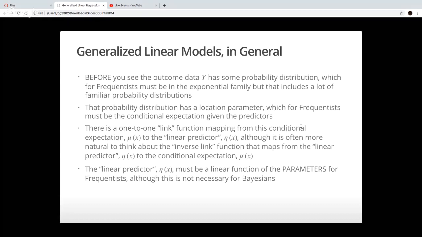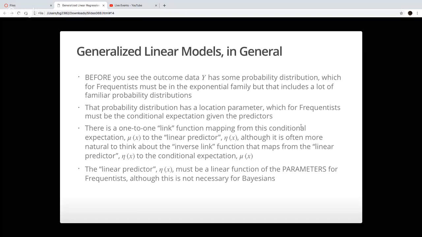Once you specify those, in addition to what the predictors are, then you have a likelihood function. If you're Bayesian, there are going to be priors, and you're going to draw from the posterior distribution. If you're frequentist, there are no priors. You just find the mode of the likelihood function, and that's your point estimator. Then maybe calculate the curvature around that mode, and that gets you standard errors and confidence intervals and all kinds of stuff like that.